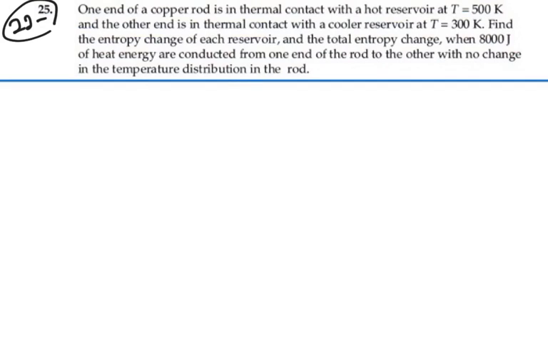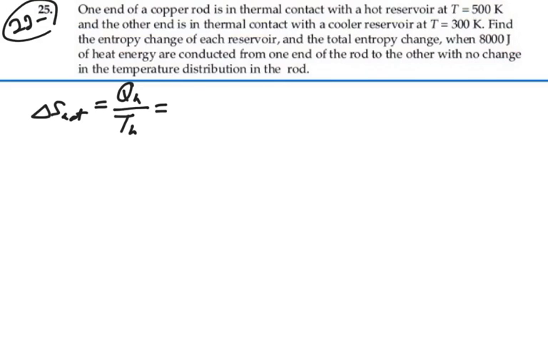Alright, so we're going to imagine that we're going to have two entropy changes here, both of them occurring at constant temperature. For the hot end of the rod, our entropy change is going to equal our heat added from the hot end over the temperature of the hot end. In this case, though, we're going to be losing heat, so that's going to be a negative value for the heat added.